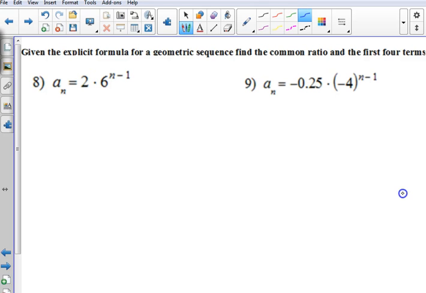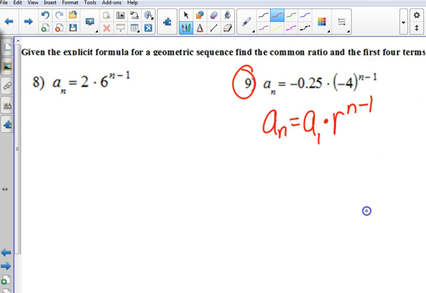This is where I would like to start skipping around a little bit. Let's do the harder one. Which do you think looks harder? 9? Okay. This looks a lot like this, yes? This is the explicit form. It says find the common ratio.